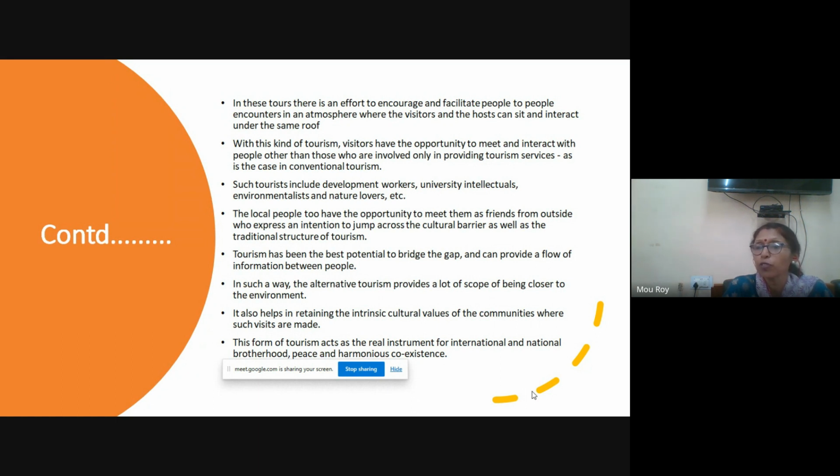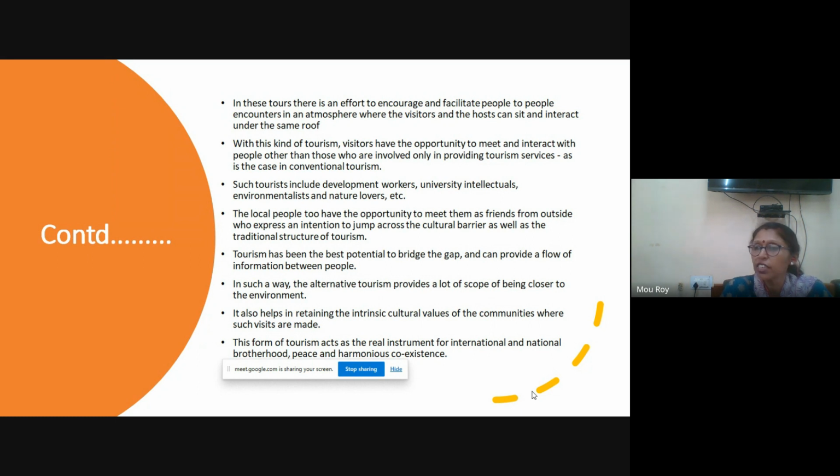This form of tourism also acts as an instrument for national as well as international brotherhood, peace, and harmonious coexistence. The ultimate theme is that we should stay in harmony with each other. Coexistence in harmony is what is important.